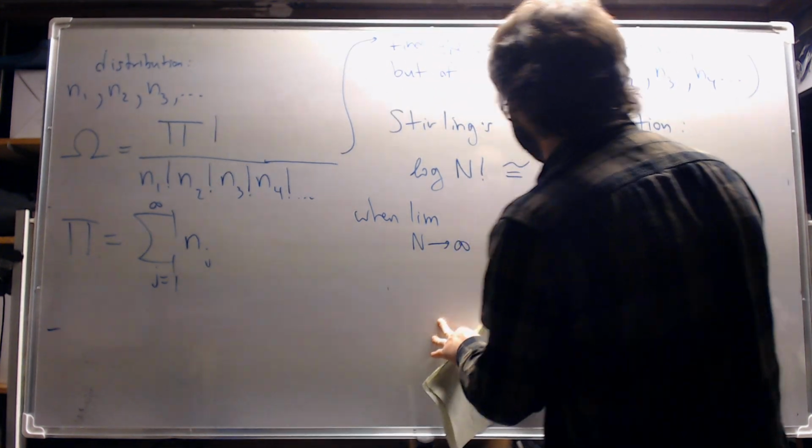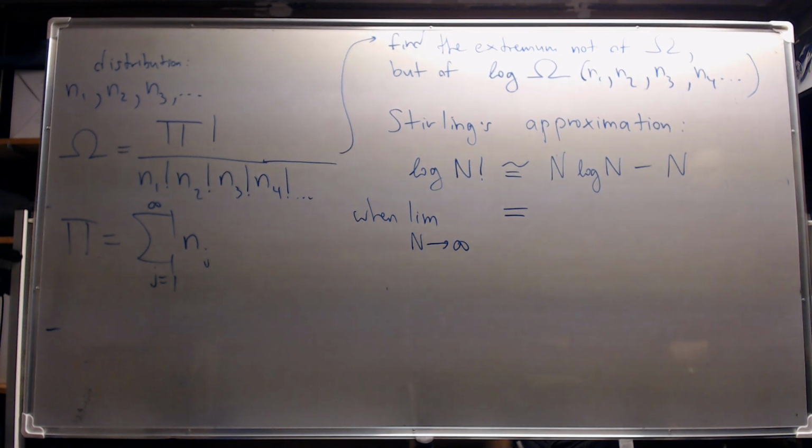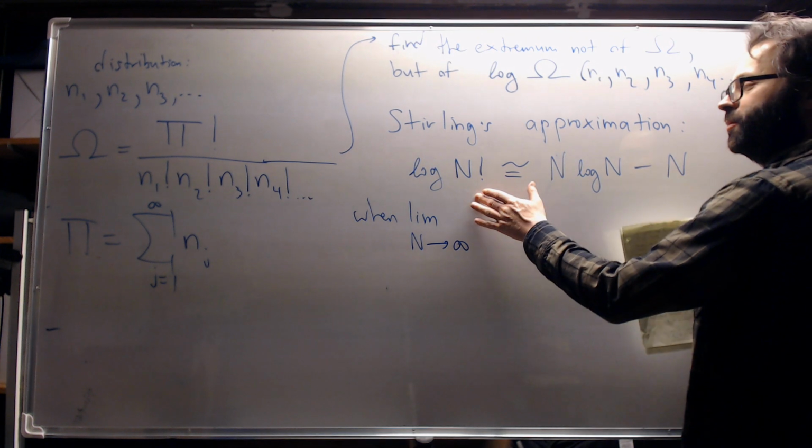This becomes an equality. It is no longer an approximation. And so this is known as Stirling's approximation.